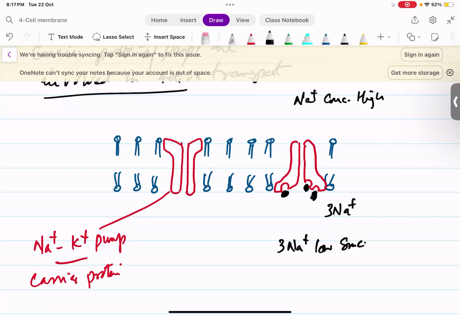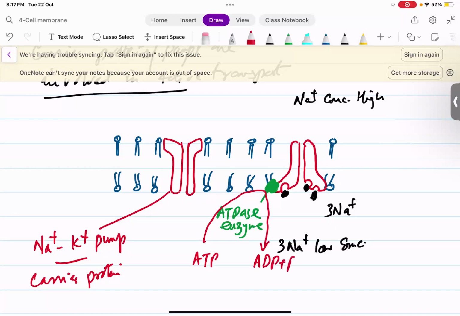And also, there is an enzyme attached with this protein, which we can write as an ATPase enzyme. An ATP molecule binds with it, which is broken down to ADP and an inorganic phosphate.